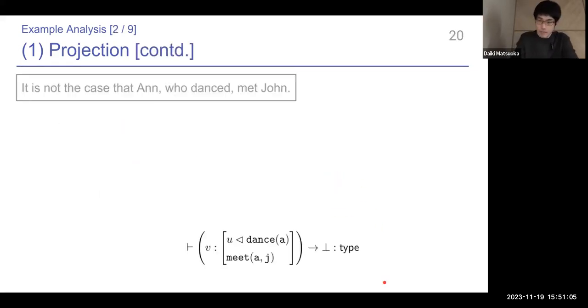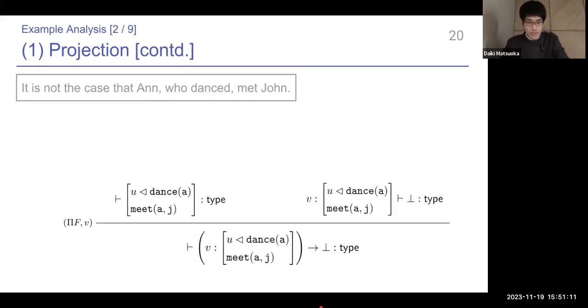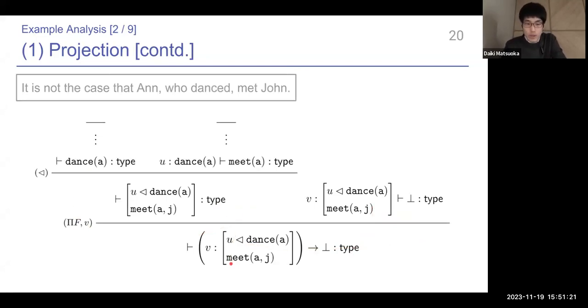All right, so let's type check it. So we start with this goal, and we need to derive two premises. First of all, the antecedent should be well formed, and the conclusion should be well formed. And for the first subgoal, we need to prove these two things, which is required by this CI type rule. So the first is that the appositive content is well formed, and then the at-issue content is well formed.